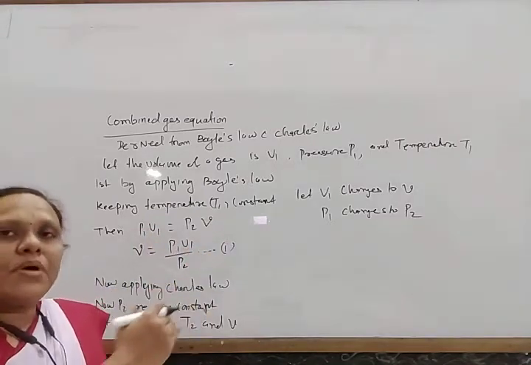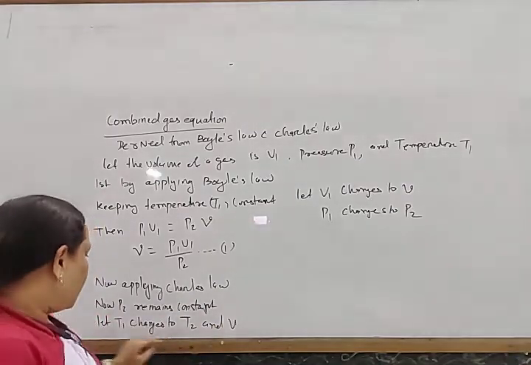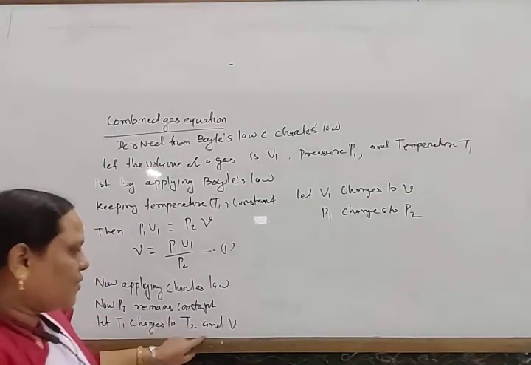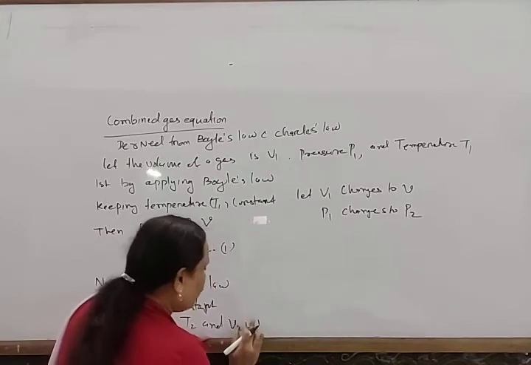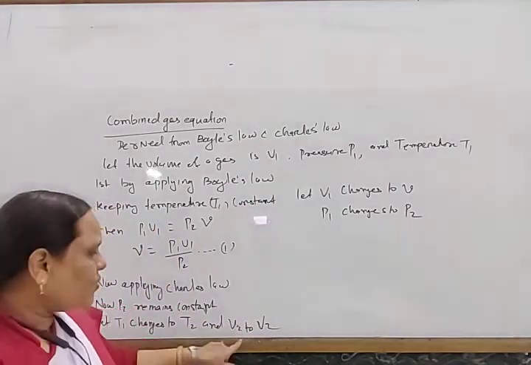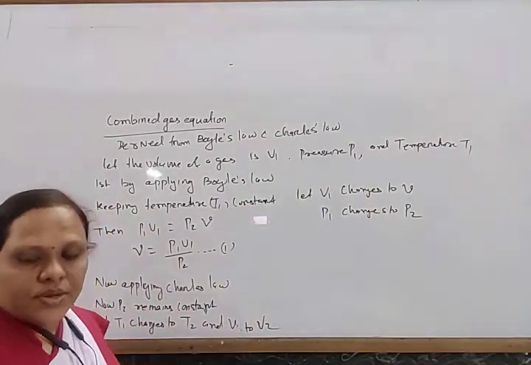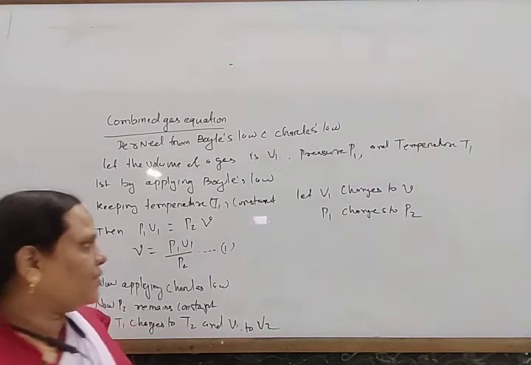In another step, the volume changes again by changing temperature, from small v to the final volume V2. The intermediate volume is small v and the final volume is V2.